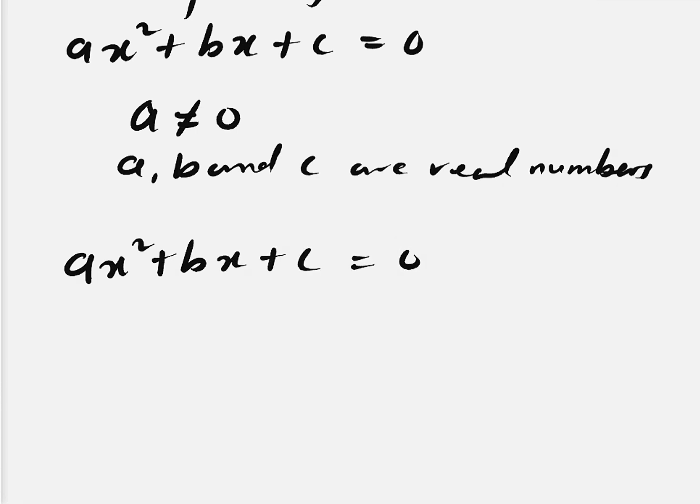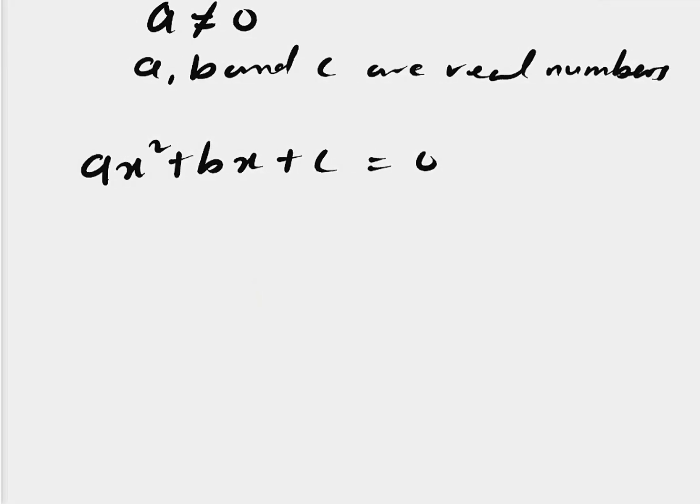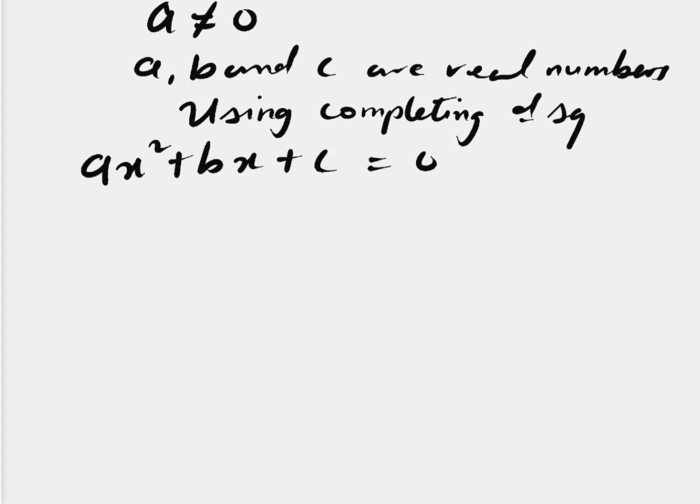So we're going to be using, let me write it here, the completing the square method. So this is the method we'll be using. So we have ax squared plus bx plus c equals 0.